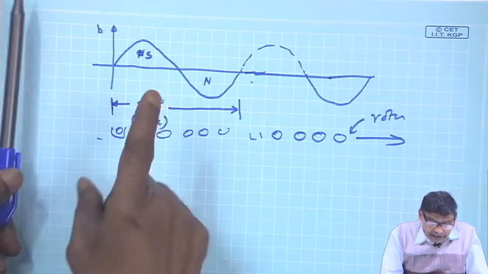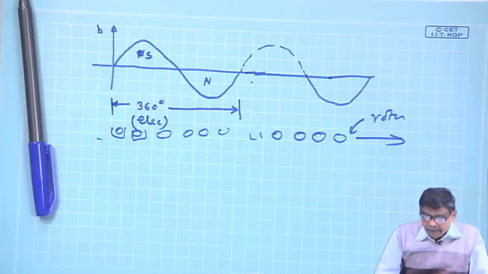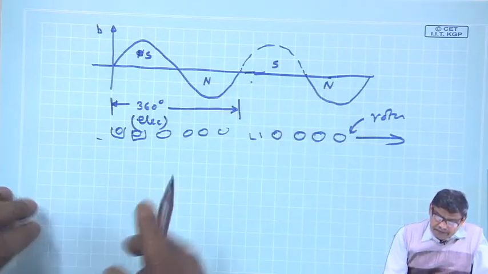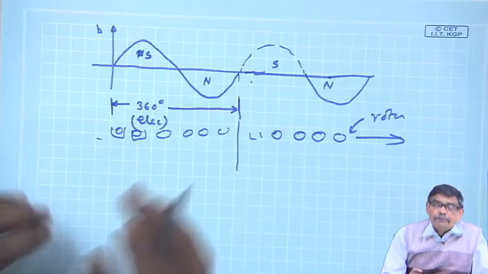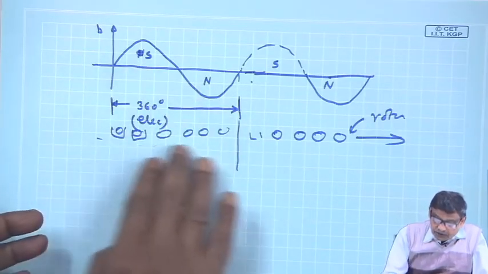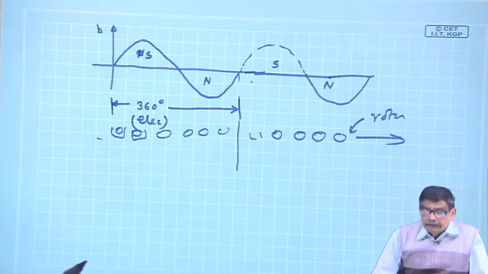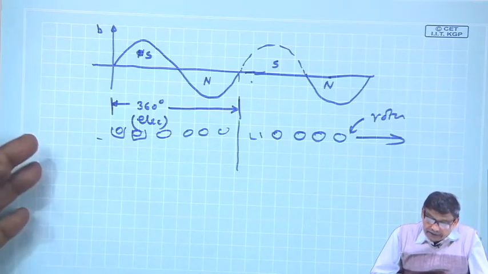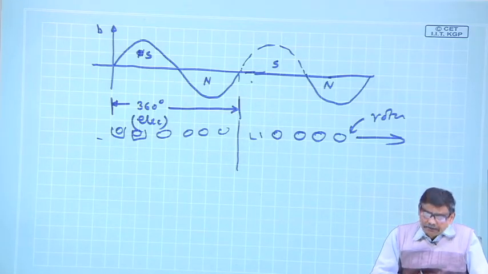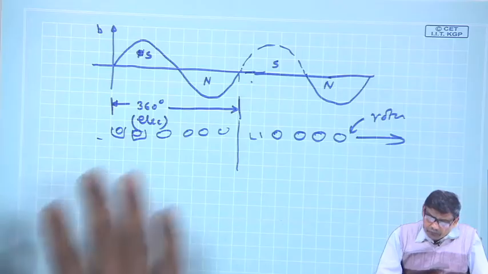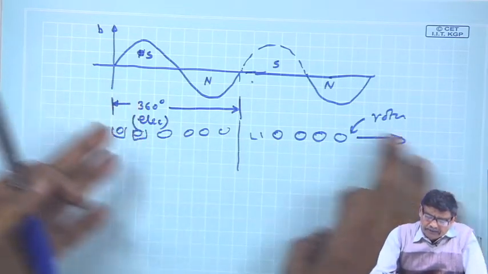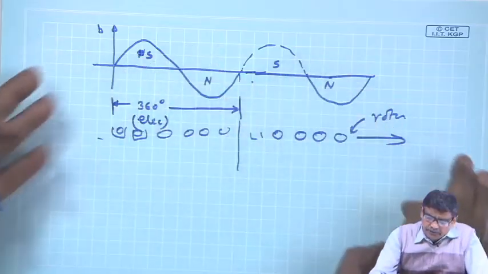Now, the statement I am going to make is that this is once again south north. Whatever is happening under a pair of poles in the rotor conductors, same thing is going to happen in the other pair of poles as well. What does it mean? Suppose some currents these conductors are taking, and this is the field distribution.